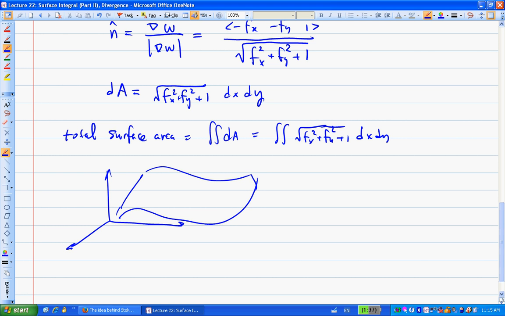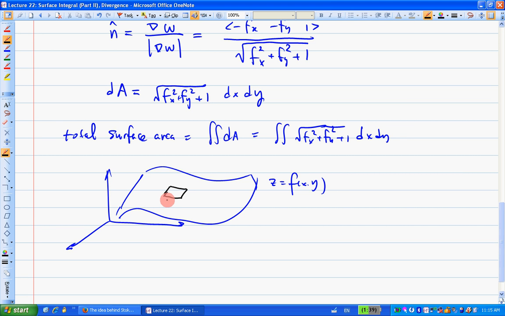Let's suppose I have a surface here, and this is z equal to f(x, y). What we do is pick a small patch on the surface. Not necessarily a rectangle, let's just pick a parallelogram type of small patch right here.